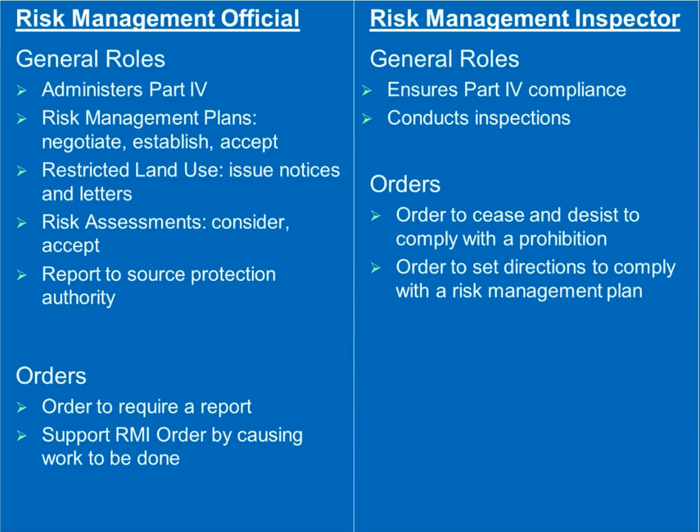To support the risk management official's responsibilities, the Clean Water Act includes provisions that an order requiring a disclosure report explaining a complex operation can be made to inform risk management plan content. The Act also enables risk management officials to cause work to be done to support a risk management inspector enforcement order. This means that the risk management official is performing the work necessary to comply with the order.